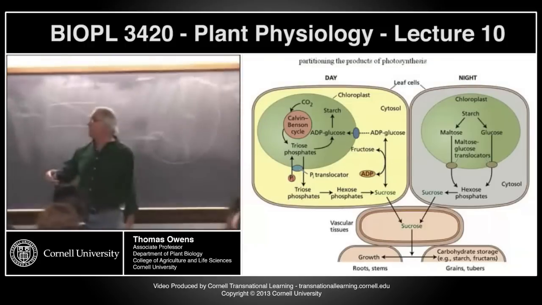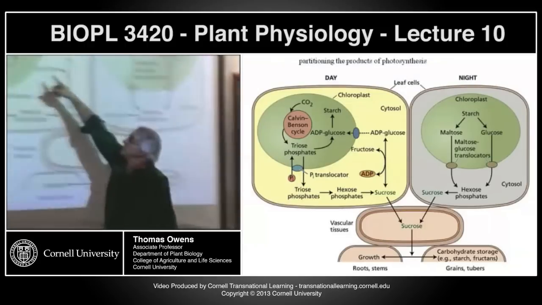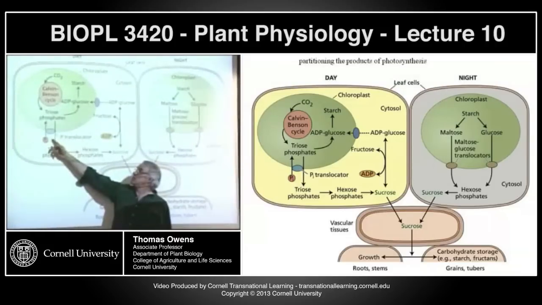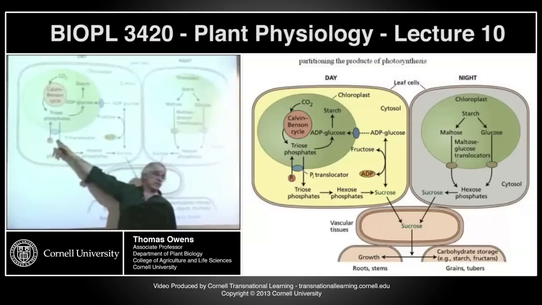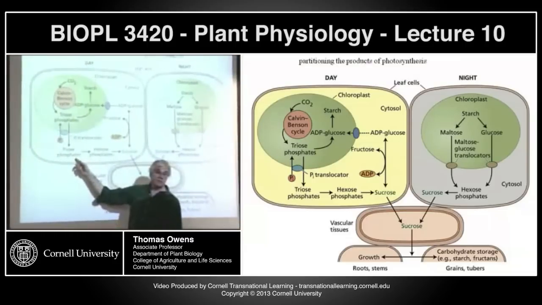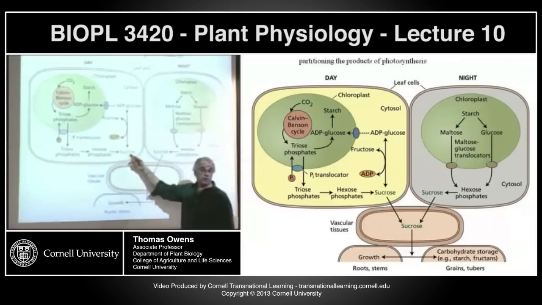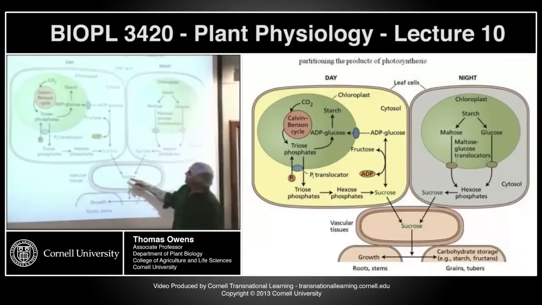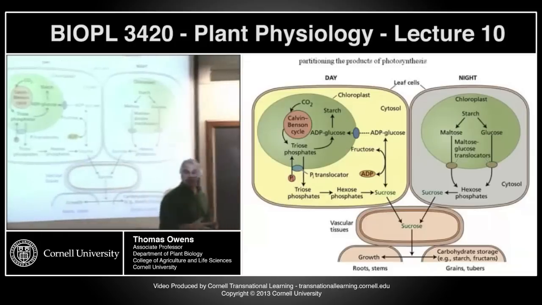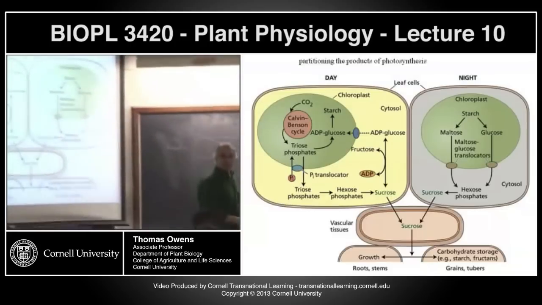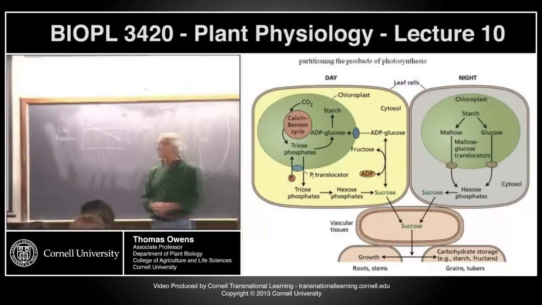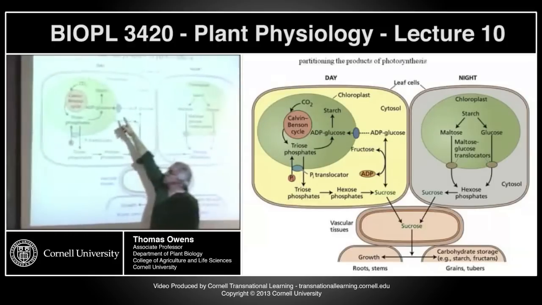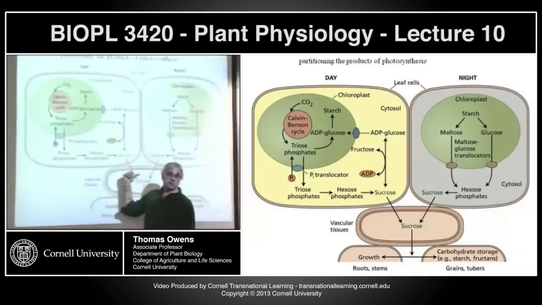Triose-phosphates don't accumulate. In the chloroplast, they can be used to make starch, or as we'll see when we talk about this next Tuesday, they can be exported from the chloroplast into the cytoplasm, where they can be used to make sucrose, to be exported, or it doesn't have it in here, they can also be used for respiration in the cells. So there's a number of different sinks going on in the daytime: a sink for making starch, a sink for making sucrose, and a sink for respiration.